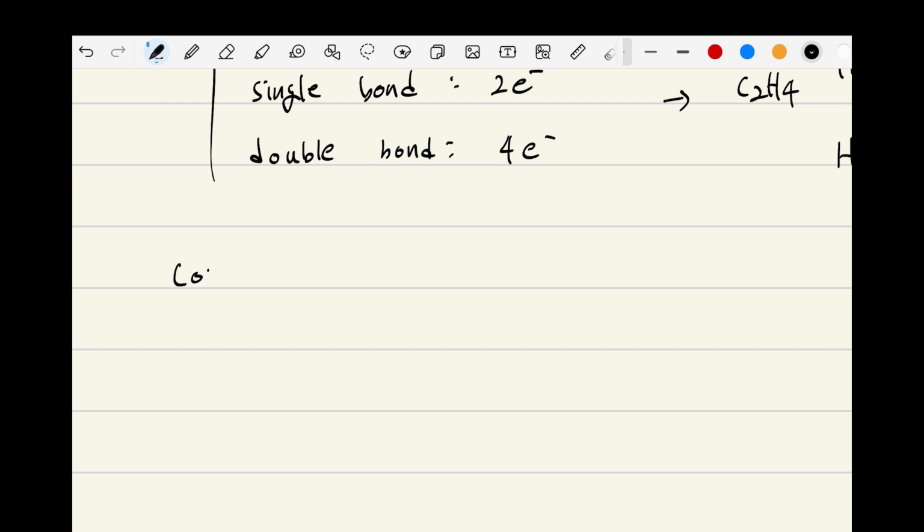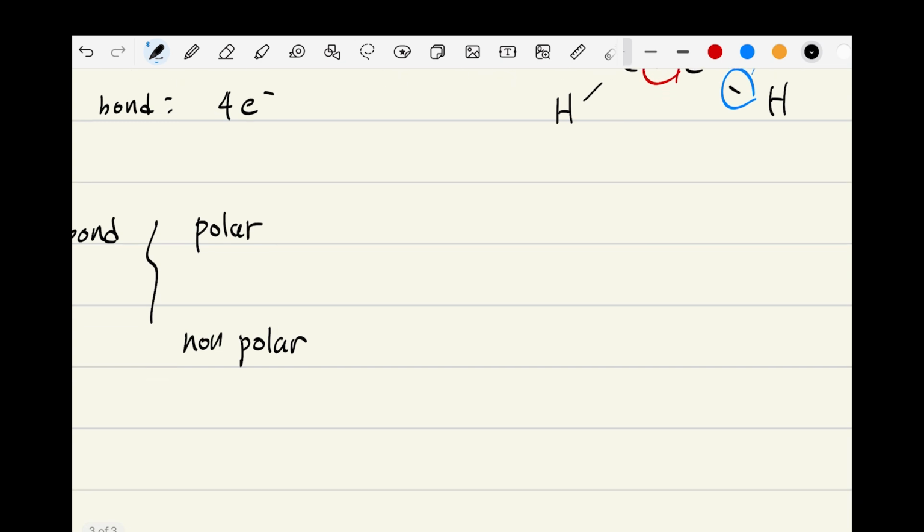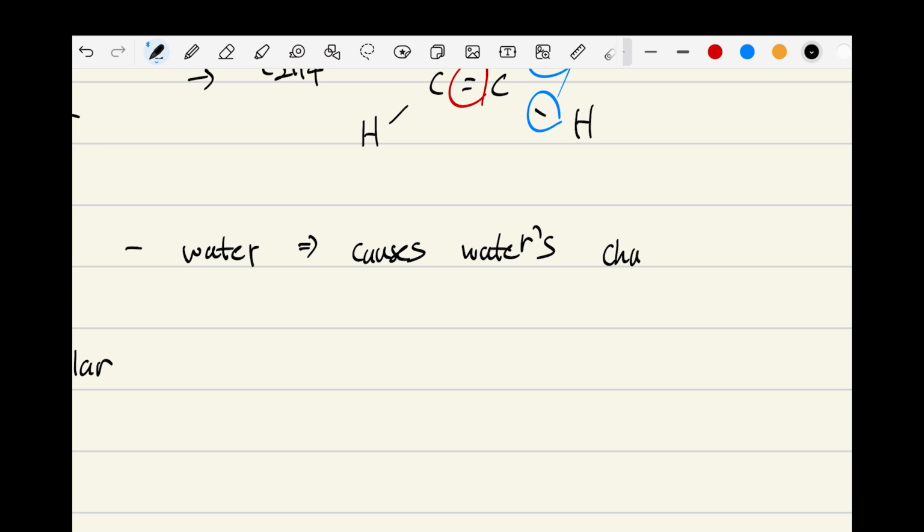Covalent bonds can be both polar and nonpolar. We will be more specific about this when we're talking about water, but basically water is polar, and this causes many of water's characteristics.